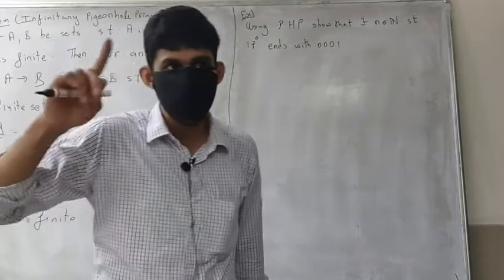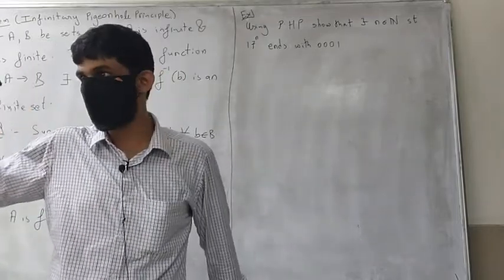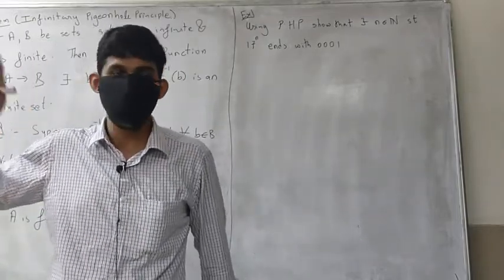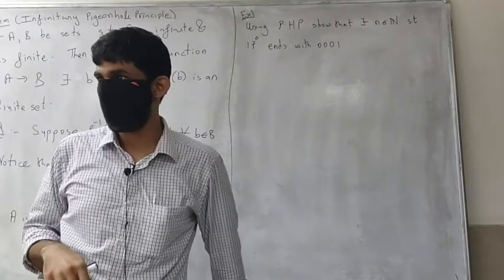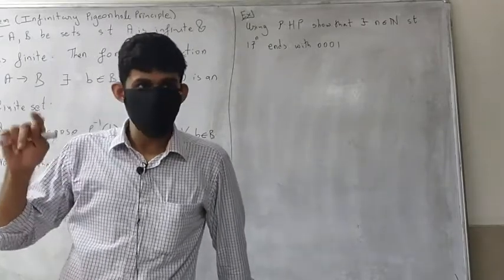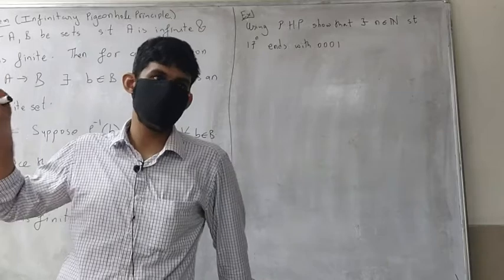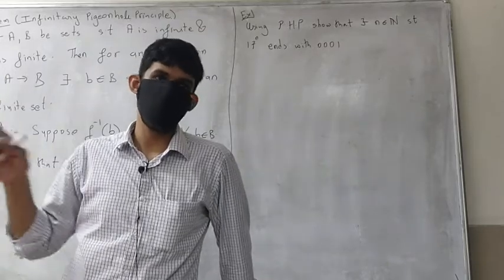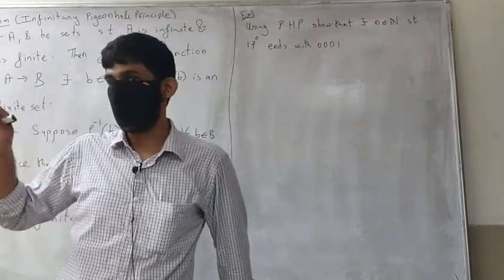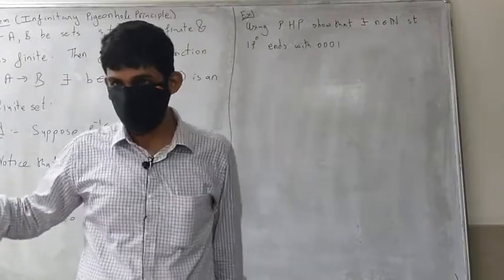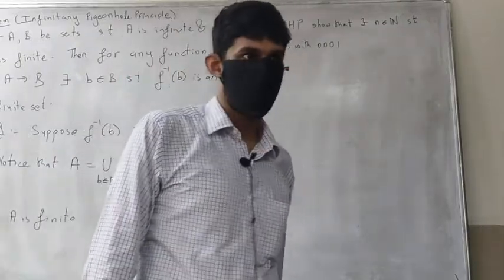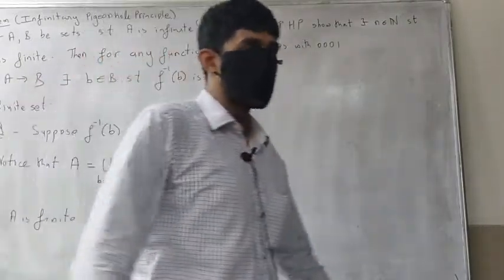So 17 raised to n minus 1 is some 10,000 times k. Therefore, 17 raised to n is 10,000 times k plus 1. That's your division algorithm, right? So that has a remainder 1.